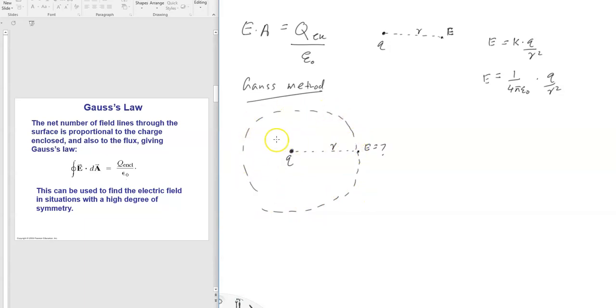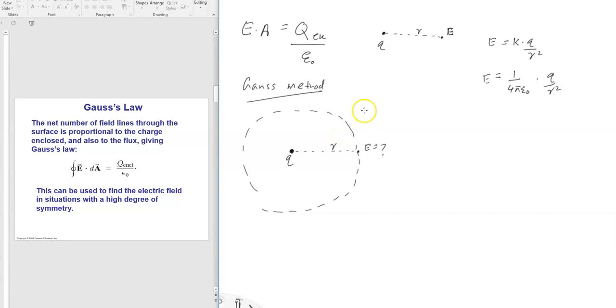Why do we draw a circle? Why not a rectangle? Why not a square? Why not a triangle? Why circle? So the Gauss surface we draw should represent the shape of the charge that is inside. So if it is a point charge, still it's a round thing, right? It's a sphere. So your Gauss surface has to be a sphere.